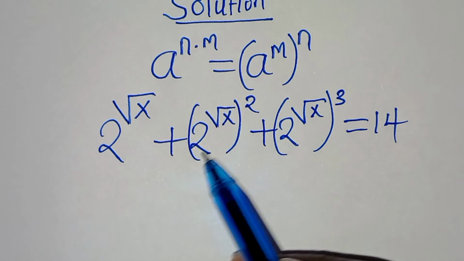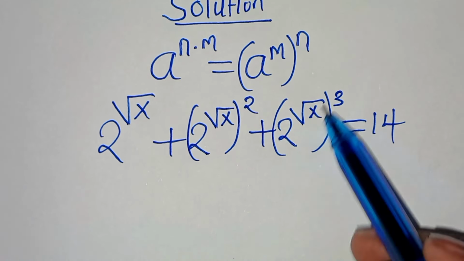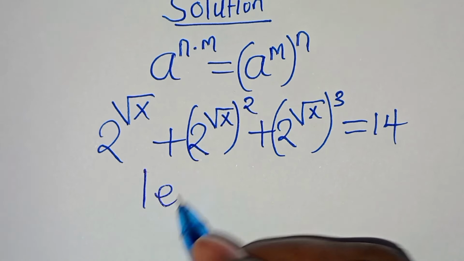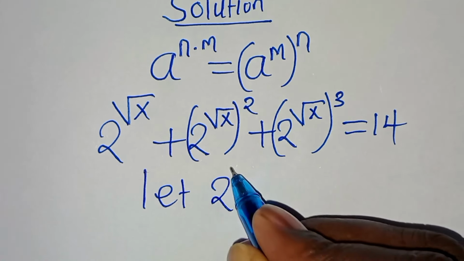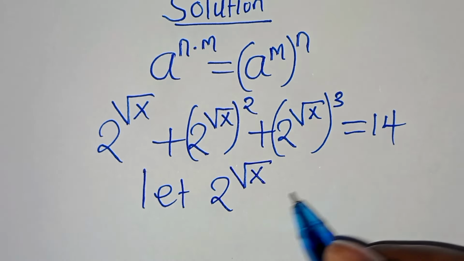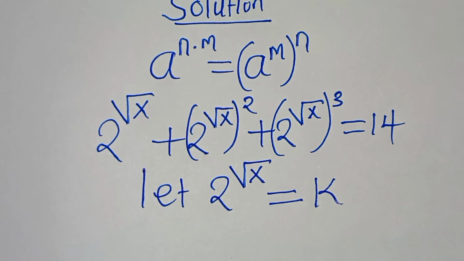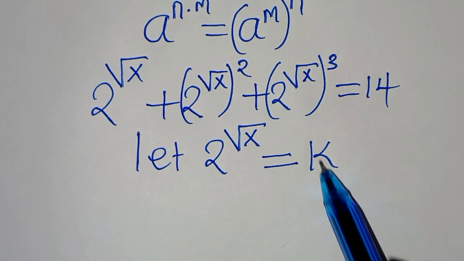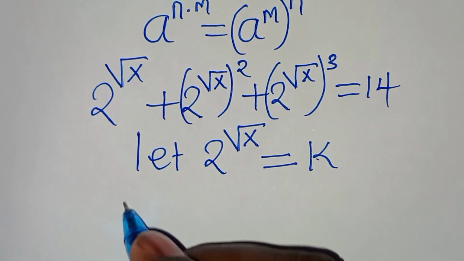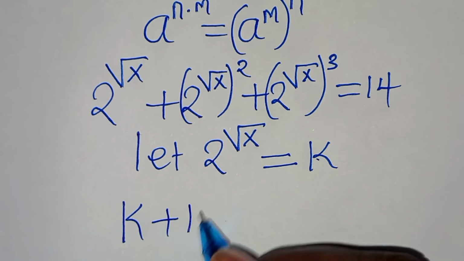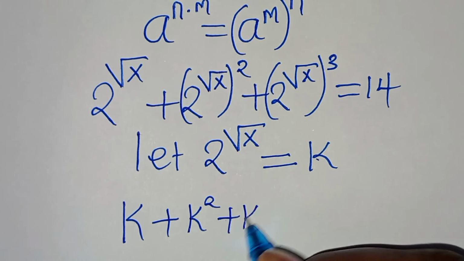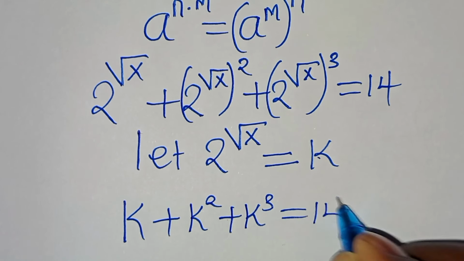Now, since 2 to the power of square root of x is common here, then we can let 2 to the power of square root of x be equal to k. Now let's substitute k in this equation here. We have k plus k to the power of 2 plus k to the power of 3. This is equal to 14.